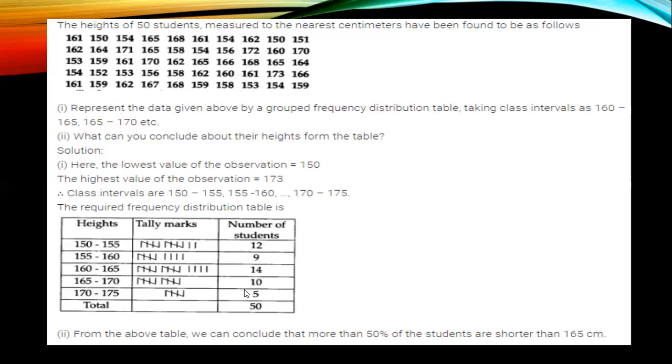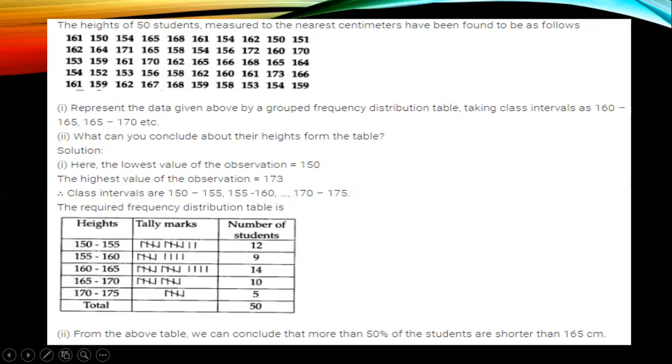Get the frequencies correct, cross-check with the total, and here you are with your group frequency distribution table. Now, as we have been asked in the question, what can we conclude about the height from the table? We can conclude that more than 50% of the students are shorter than the height of 165 centimeter.